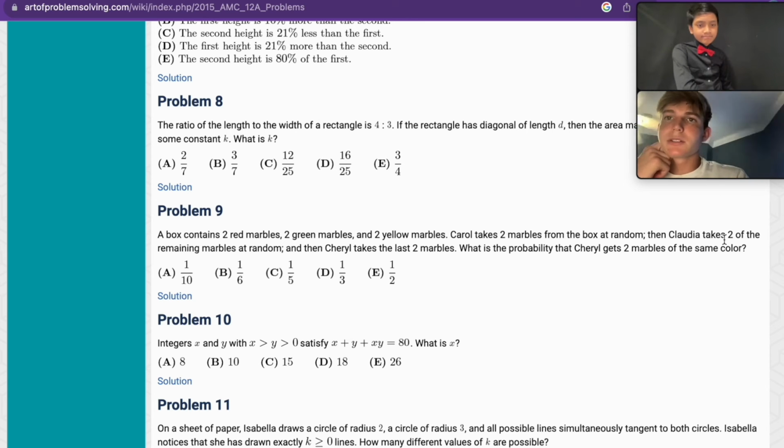But then you can multiply by another 2, because you counted the cases where Carol has AB and then Claudia has AB, and then Carol has AA and Claudia has BB. But you can multiply it by 2 because Carol can have BA, and Claudia can have BA, and also Claudia could have AA and Carol could have BB. Is that going to make sense? Oh yeah.